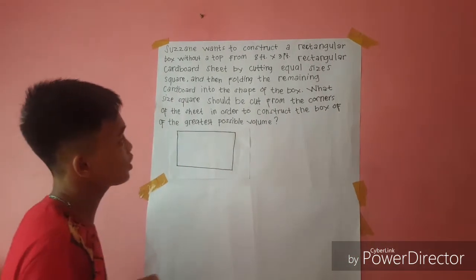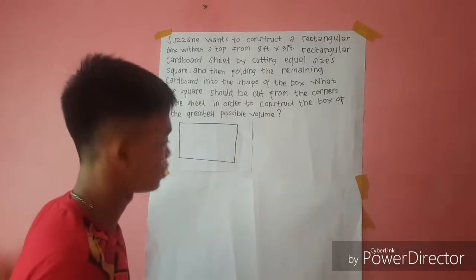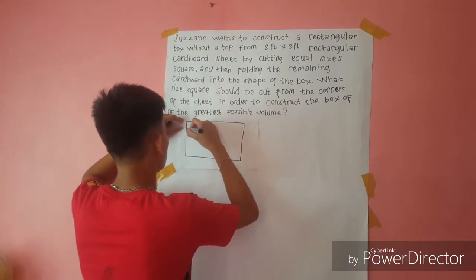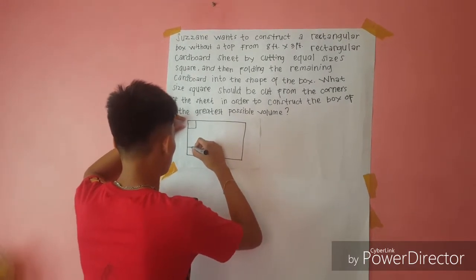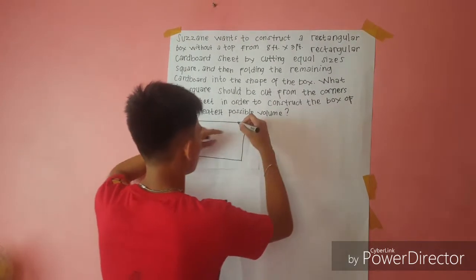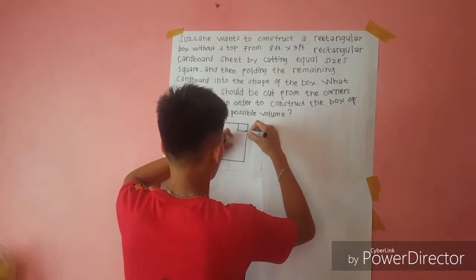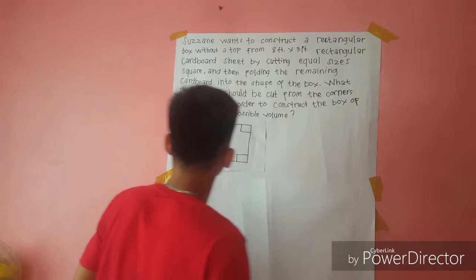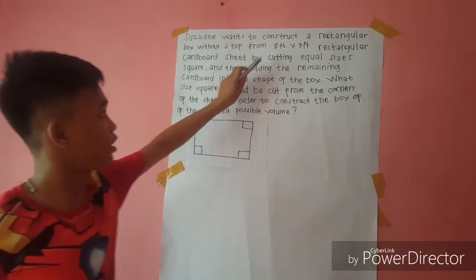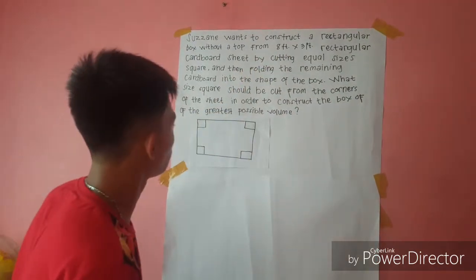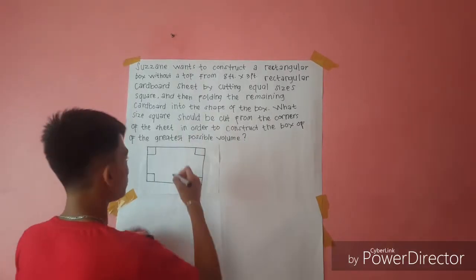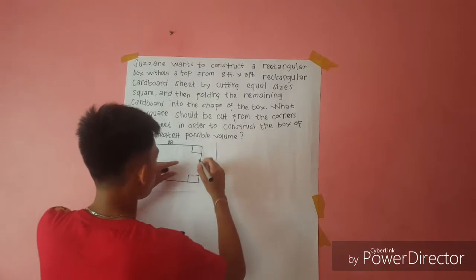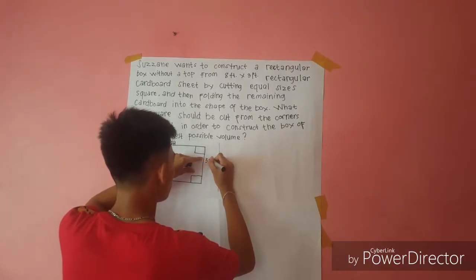And we're asked to cut an equal size square. So we're gonna cut in here on both sides. And we have given 3 feet by 8. So our length here is 8 feet, and our width here is 3 feet.